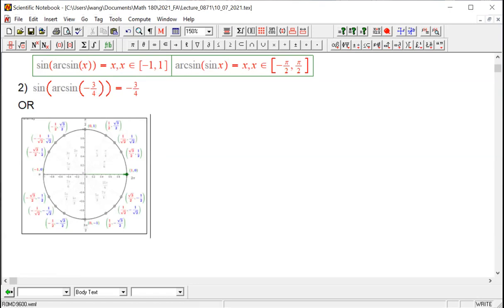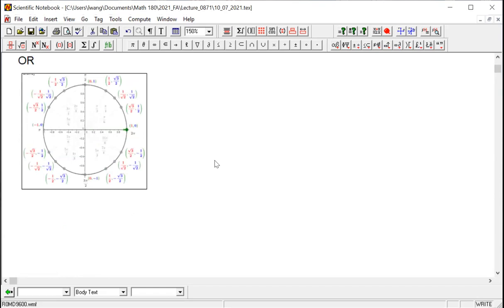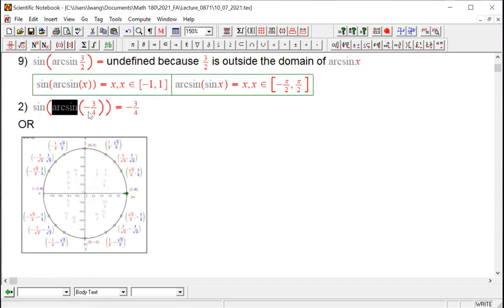So this is basically a question of DRA, because the inside is DRA. So it's DRA first. You know the sine ratio is negative 3/4. What does that mean?